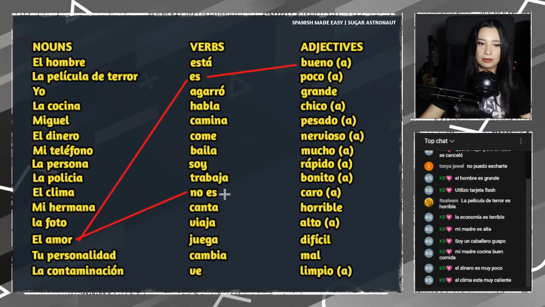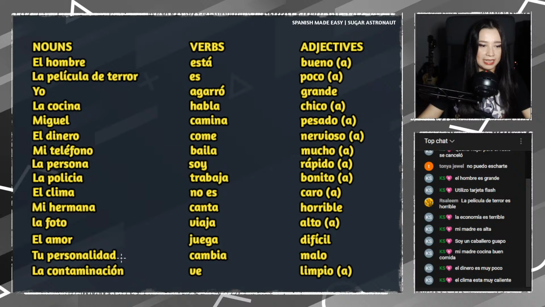Or el amor no es, and I would say malo. In that situation, we're talking about love, not an action. El amor no es malo, or es malo. It's up to you what you want to say. El amor no es malo. Love is not bad. Okay? What else? I think that's pretty much it for love. Obviously, you can add more to it. You can say other things about love.